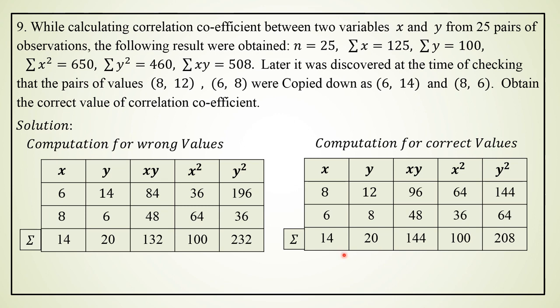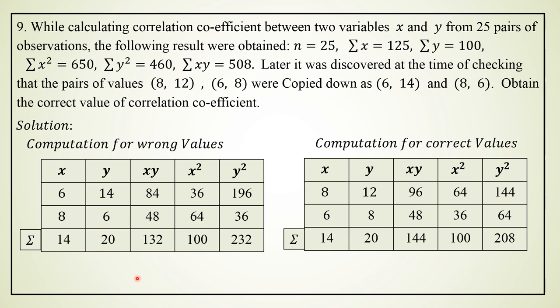That means there is no change in the given summation value, because observe here the sum of the x values for the wrong data points as well as for the correct data points are equal. Therefore, there is no change in the given summation value. The summation x value over here is 125.